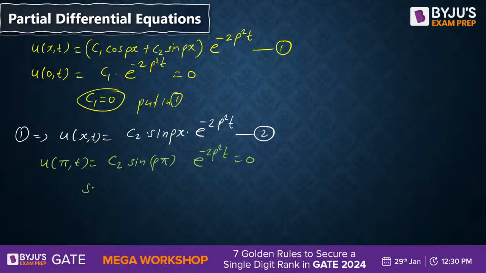So sin p pi will be 0. If sin p pi is 0, it means p pi, this angle will be n pi. So p will be equal to n. If you put p equal to n in equation 2, what are you getting?